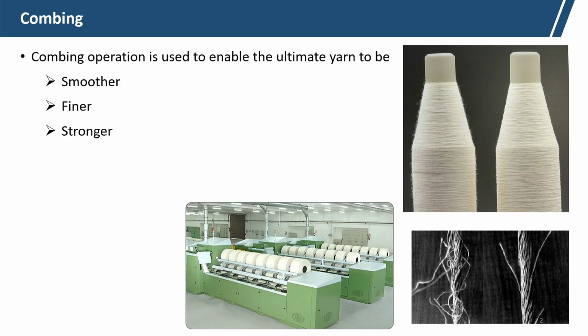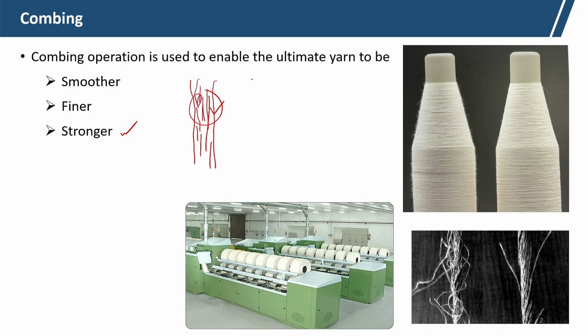Next is the stronger yarn. As we can see, when we are using carded fiber, the fibers are distributed, so long fibers and short fibers are there. Here the contact area is reduced. Contact area is lower per number of disconnect.